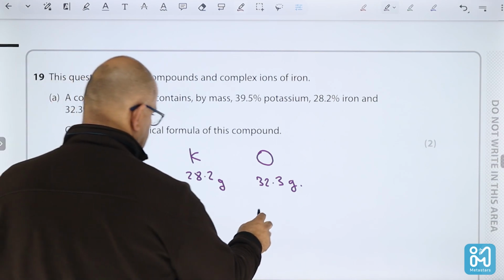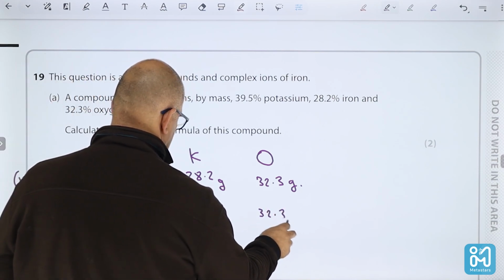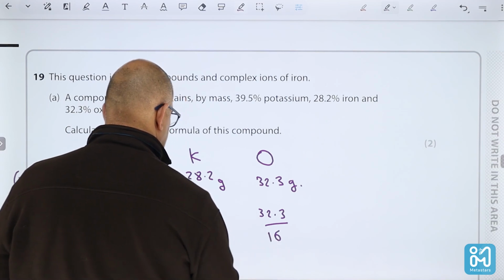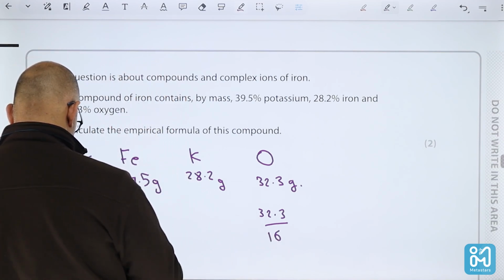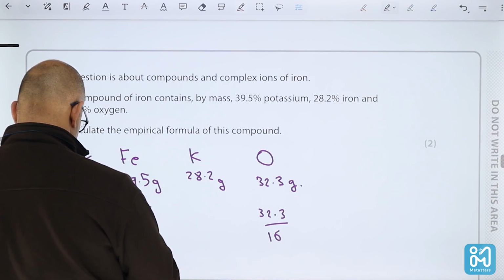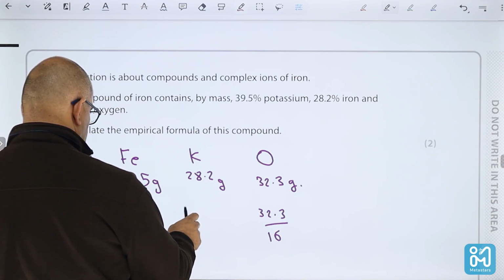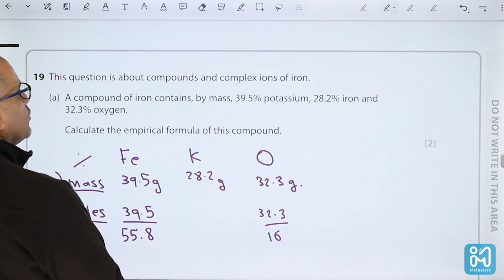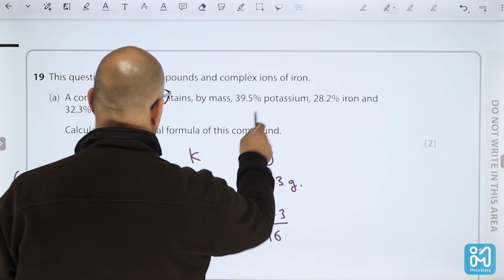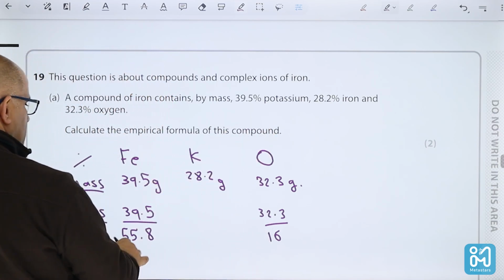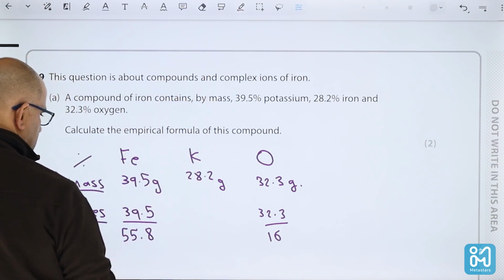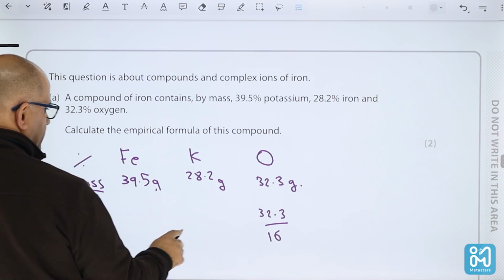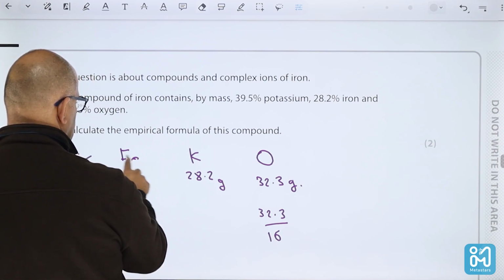For oxygen, it's 32.3 over 16. Wait, we have to flip them, so I must say, wait.